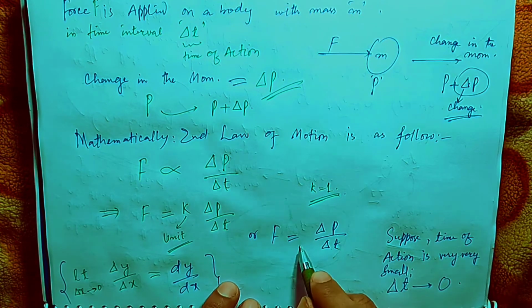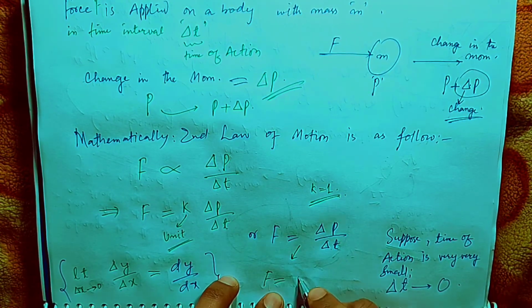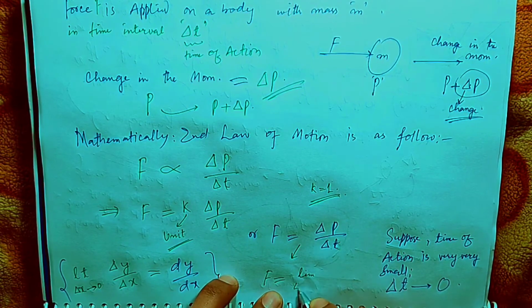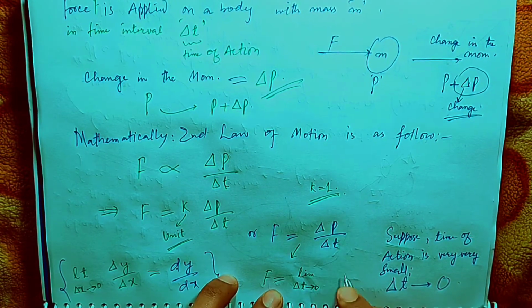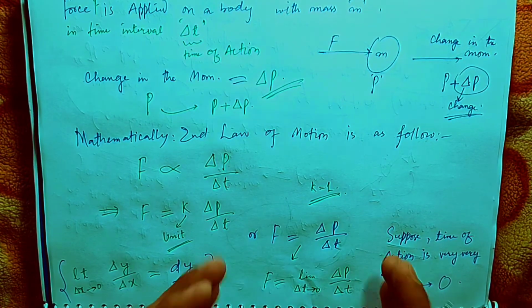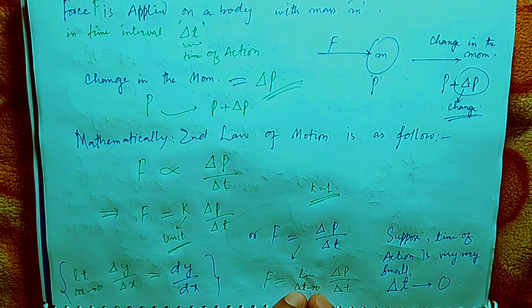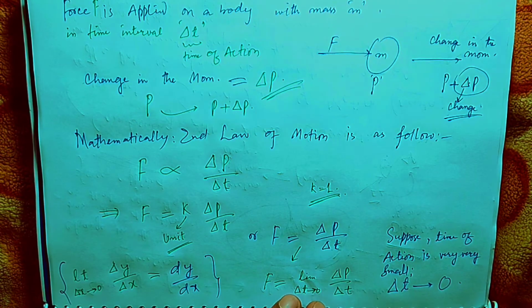So in this case, if F is equal to the limit as delta t tends to 0 of delta p by delta t, this situation arises. That means the time of action is very, very small. It's instant action.